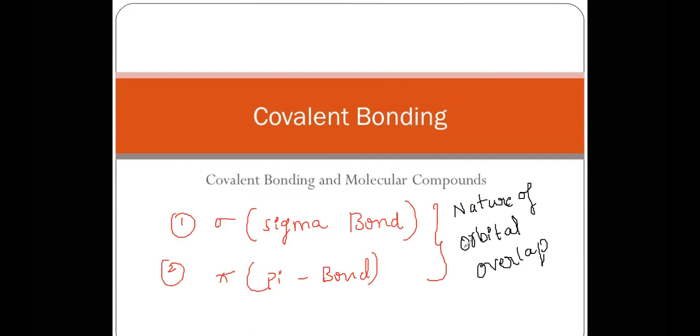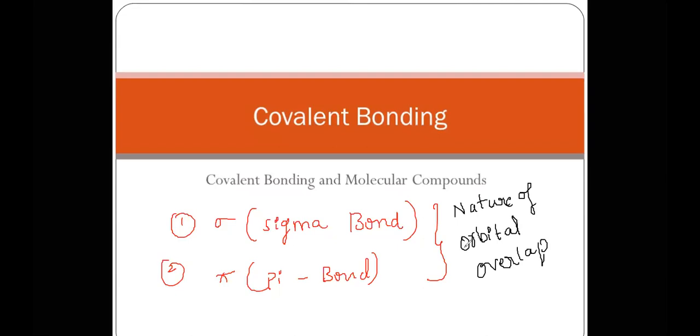On the basis of orbital overlap, we'll see what orbital overlap is, and based on that we have classified them as sigma bond and pi bond. This sigma and pi bond concept is very important. We will study it in more depth in the next classes, in higher classes.